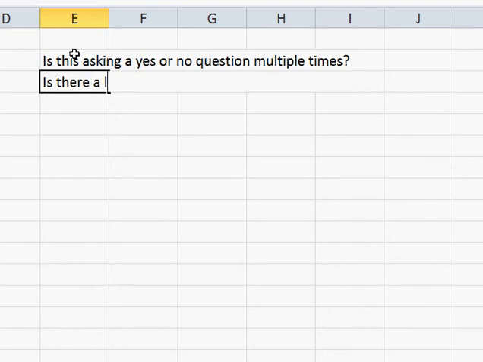Is there a limit to the number of yes answers? Hypergeometric and binomial have a limit to the number of yeses. But Poisson has no limit to the number of yeses.